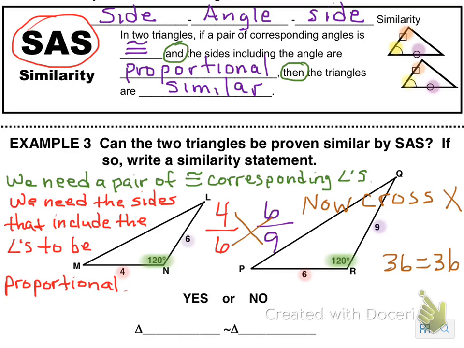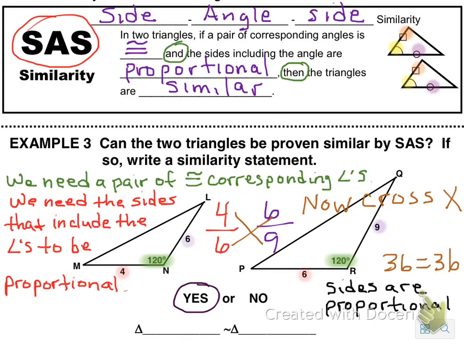So these two pairs of sides are proportional. So we've met both conditions for the SAS similarity theorem, and so that's enough information to conclude that the two triangles are similar.